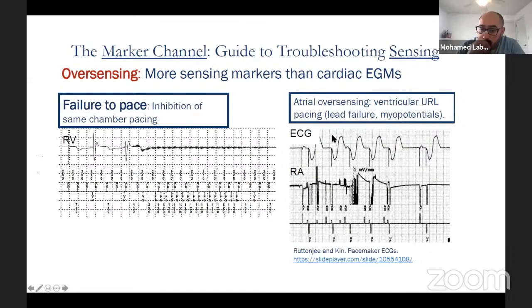Another example of oversensing is due to atrial lead malfunction, fracture, or myopotentials in the pectoral muscle or any muscle close by the lead. These myopotentials or fracture artifacts on the lead can fool the device into thinking that these are atrial events.